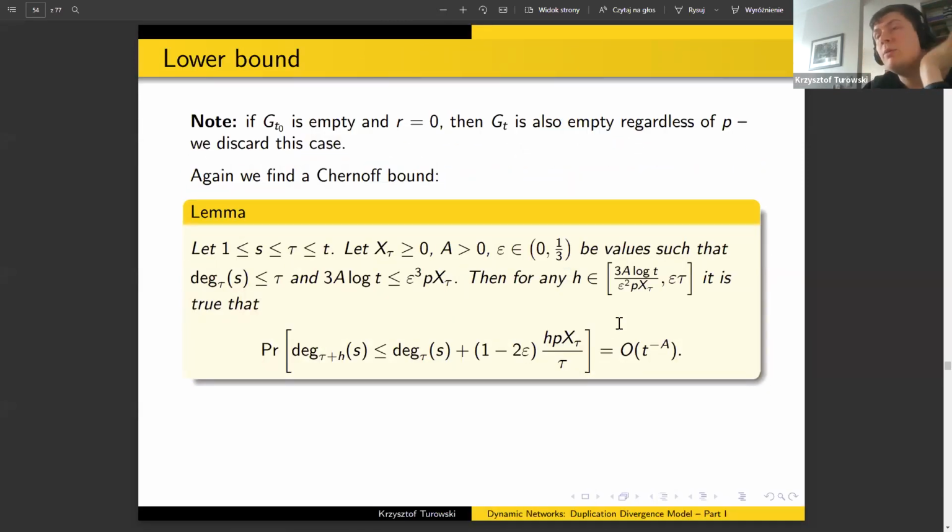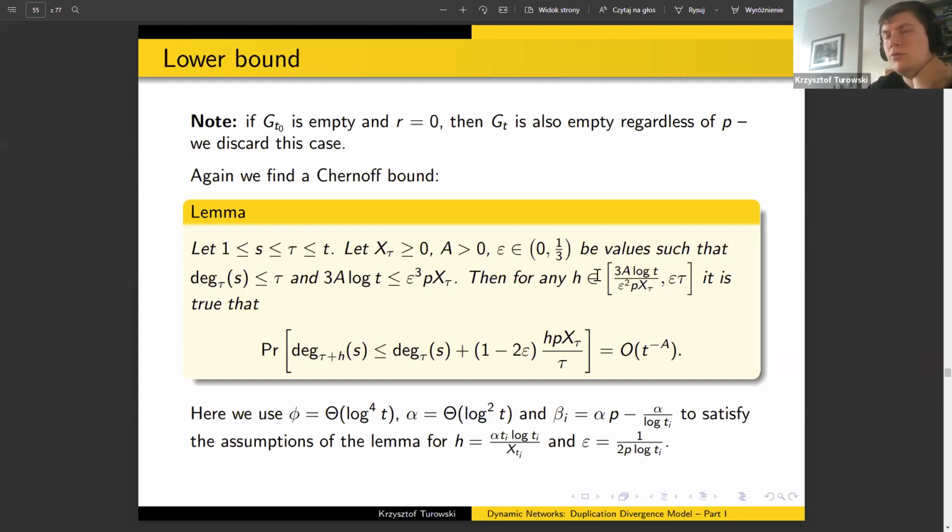And with the lower bound, we proceed exactly the same, only we use a different Chernoff bound, right? So we use the same strategy, the same technique, only different values, and we have different intervals. And all in all, it's all a matter of technique to get this.